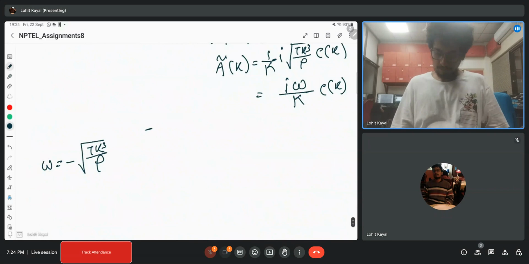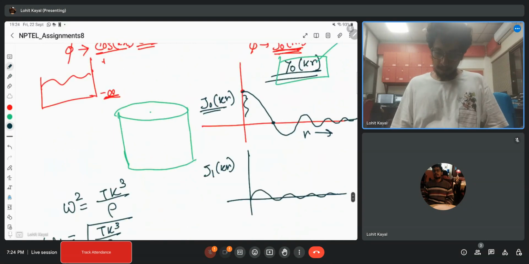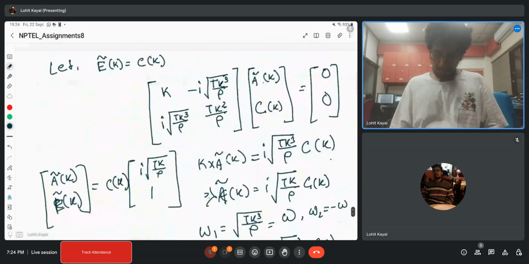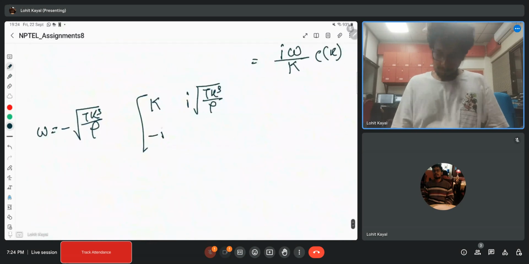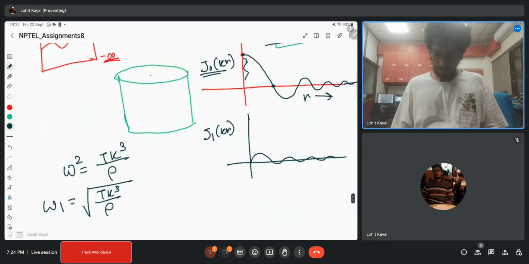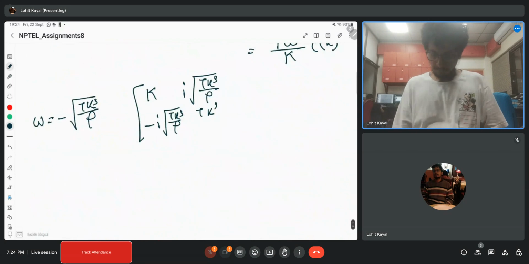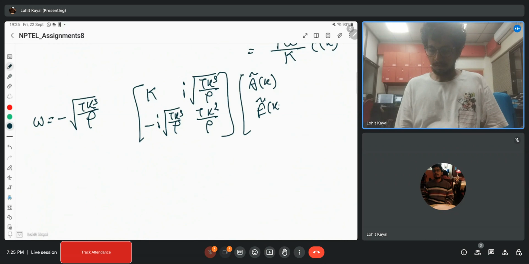So here we will have k times i square root of Tk cubed by rho, a tilde k, e tilde k equal to 0, 0.